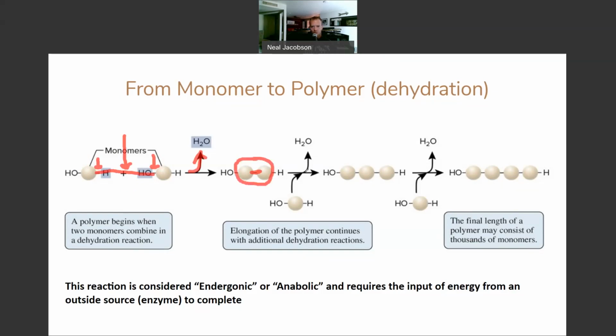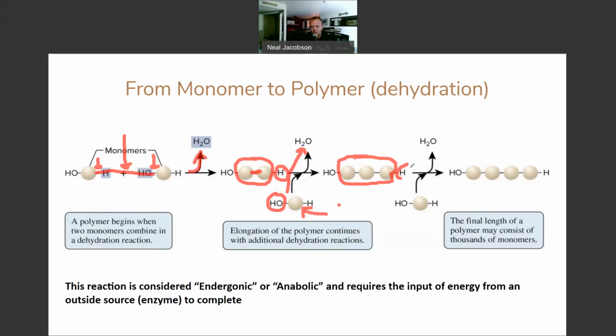But now look, wait a second, we want to add another monomer of glucose right here, right? And so that monomer is going to come in. We're going to take off this hydroxyl group. We're going to take off that hydrogen, and both of those are going to turn into water. And now we've got 3 glucose molecules.